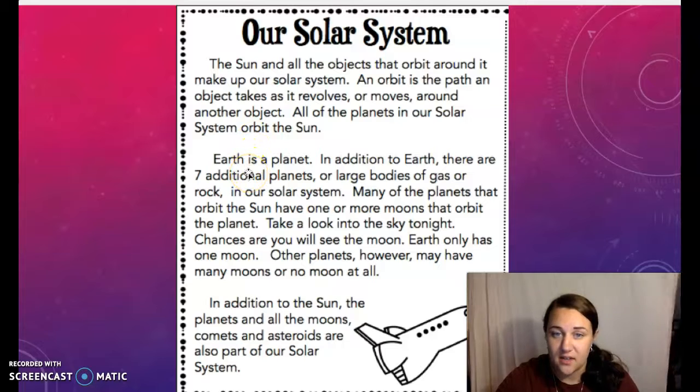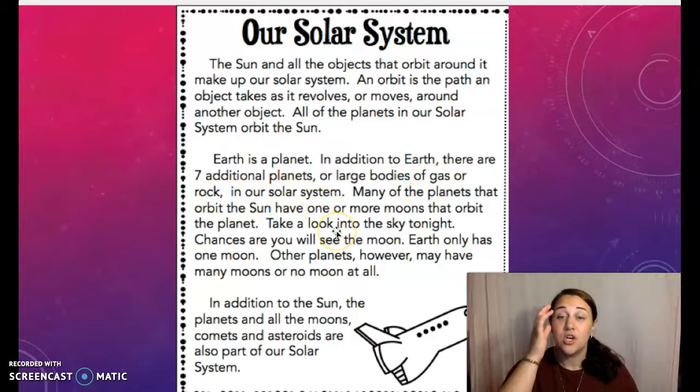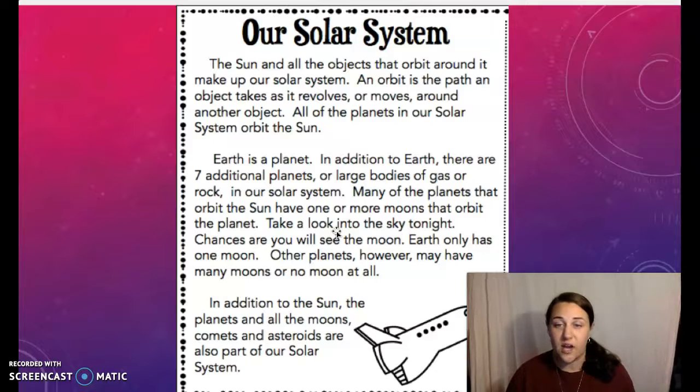Earth is a planet. In addition to Earth, there are 7 additional planets or large bodies of gas or rock in our solar system. So planets, we live on planet Earth. We're going to talk about that. We're going to focus on it. But basically, what is a planet? Well, a planet is just a large body of gas or rock out in space.